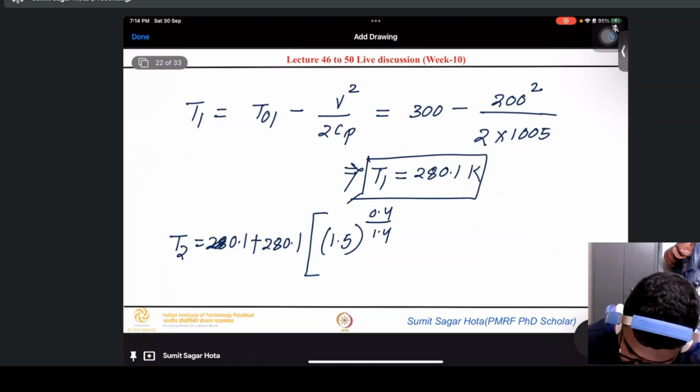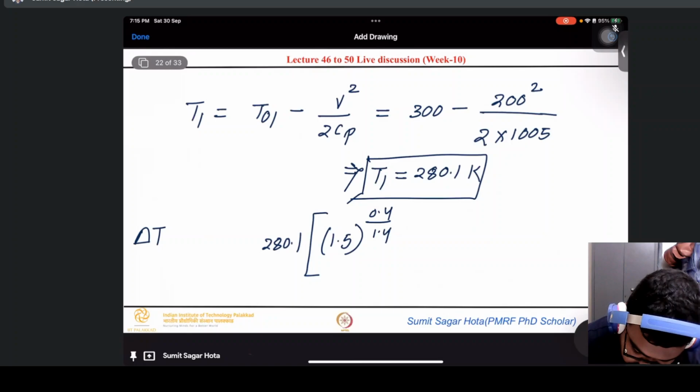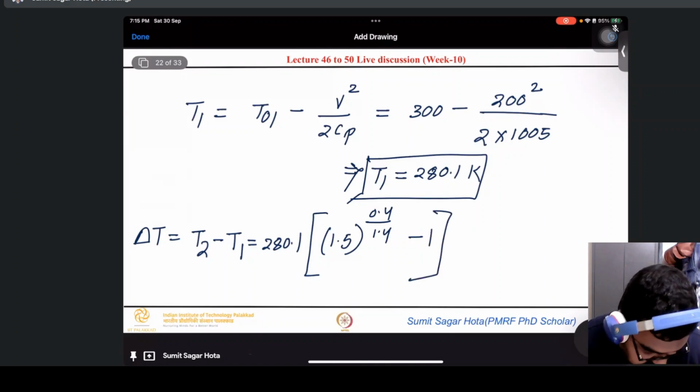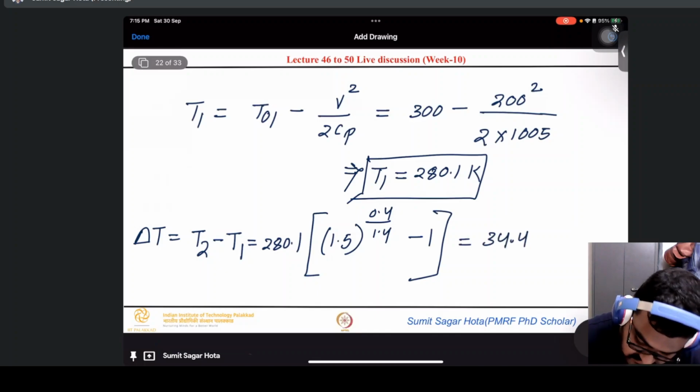But here we need only the difference, because in the formulas we apply next we need delta T, not T2. This is the formula, minus 1. When you solve, you get 34.4 Kelvin.